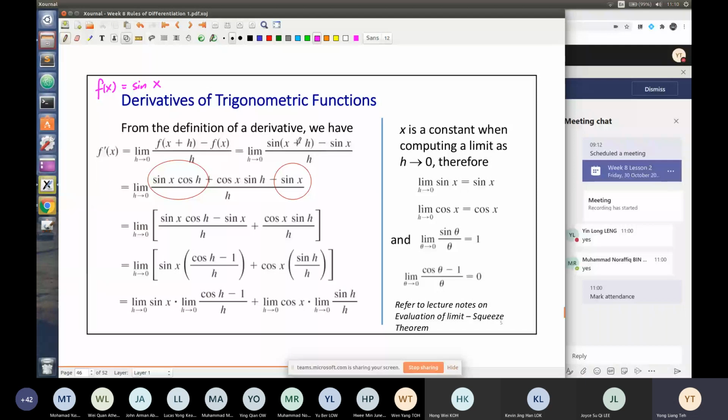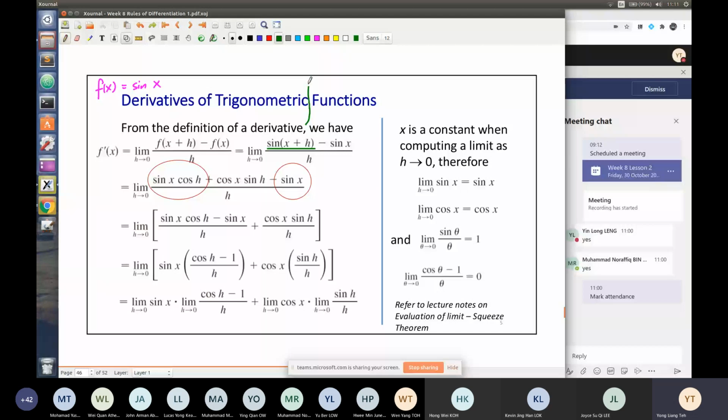This part will require some treatment. What we do is use the compound angle formula, because otherwise we can't do much with this function. We are kind of stuck, so we need to use some trigo identity.